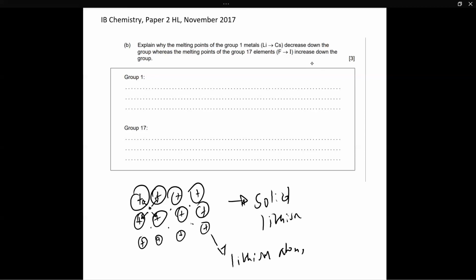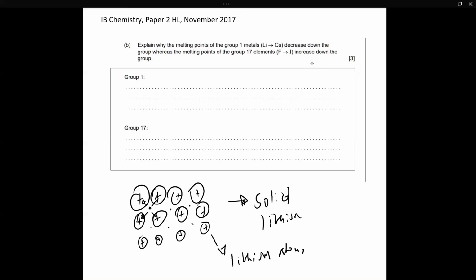So the delocalized electrons are attracting the positive nuclei of the lithium ions, and it's holding them together. And that's why it's called an electrostatic force of attraction. That's the force that holds together this lattice structure of lithium. And similarly, all the other group 1 metals are also bonded in the same way.